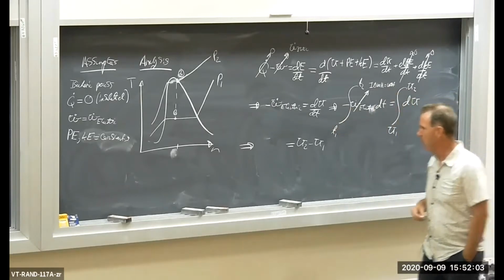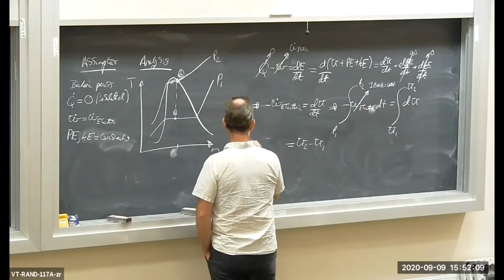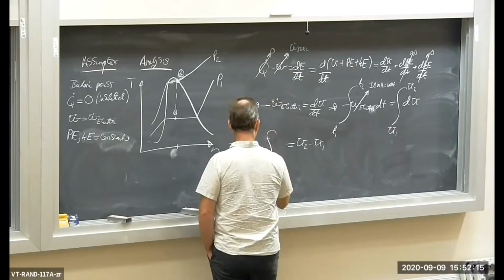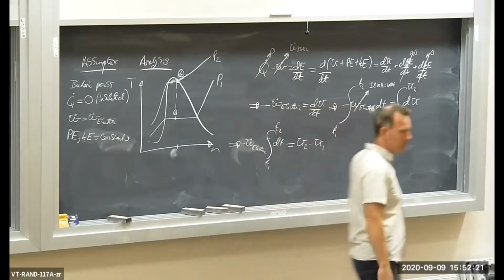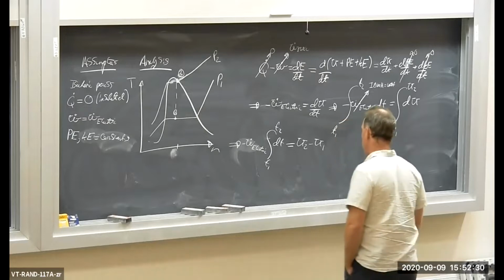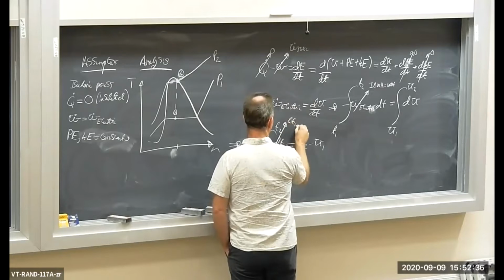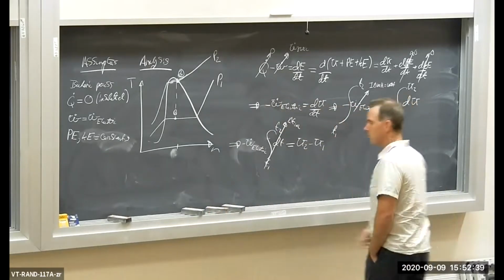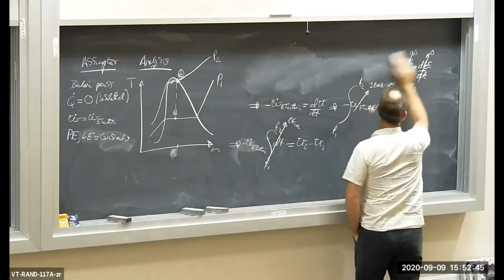I can pull it out of the integral, and I get negative W dot electric integral dt from t1 to t2. What's that integral? Integral of d time from t1 to t2 is delta t, or t2 minus t1, if you like. So this here is delta t from 1 to 2. Okay, let's write what we have.